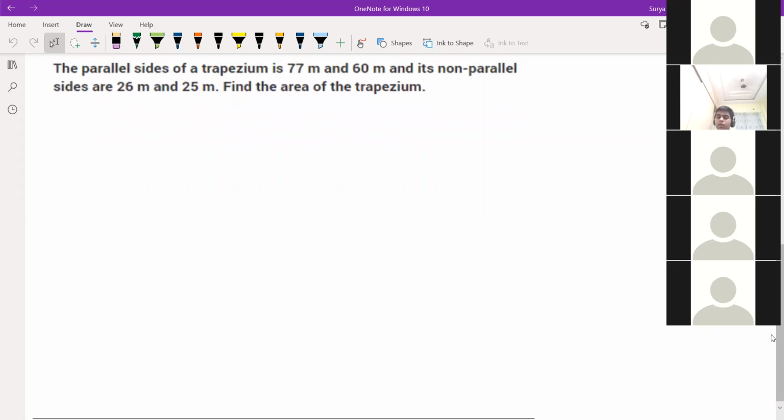The parallel sides of a trapezium are 77 and 60 meters, and the non-parallel sides are 26 and 25. Sir, can we do the construction in that diagram, sir? I just constructed it as a parallelogram, and then I found out the area. That is the only method to do that. Oh yeah, sir. Then what is hard in that?